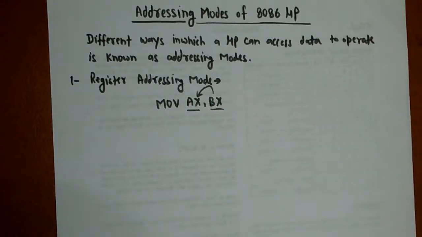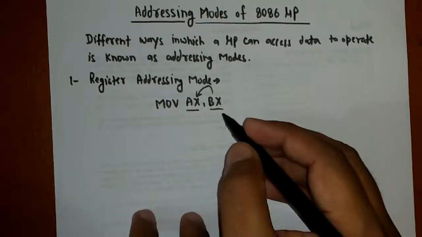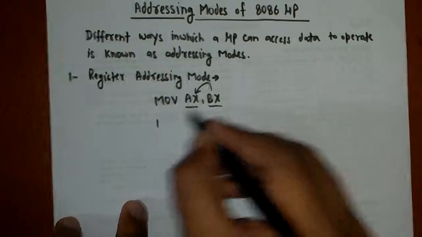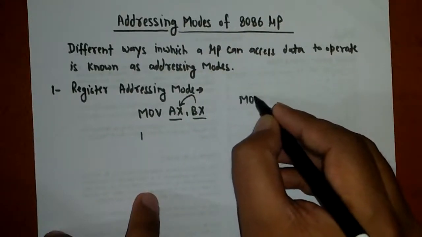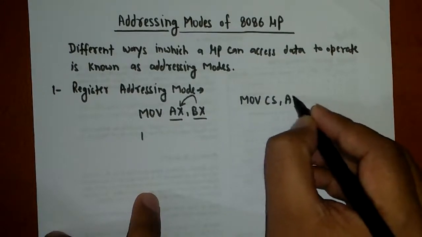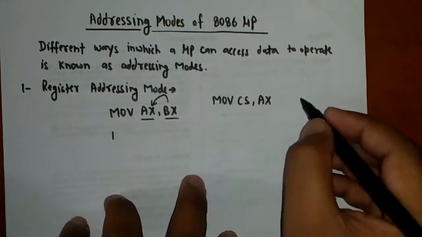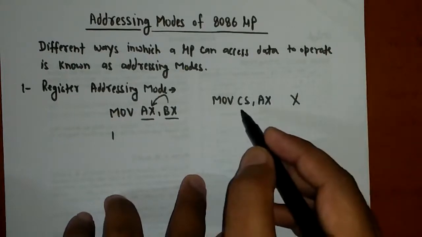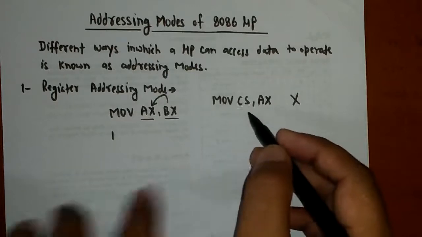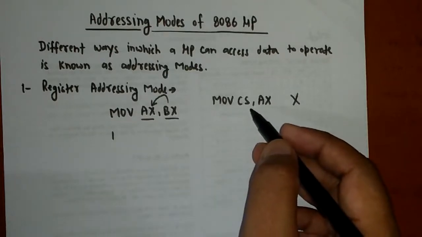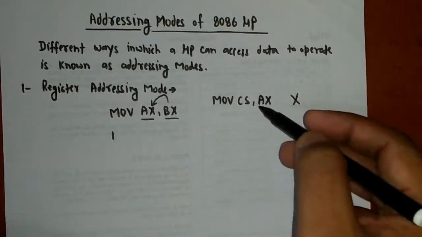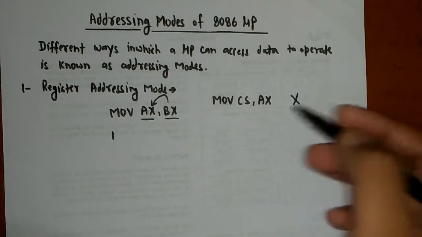In register addressing mode, one thing we should know is that we cannot alter the content of the code segment register. For example, one may think that the instruction MOV CS comma AX is correct, but this is a wrong instruction, because if we alter the content of the code segment register, then we are changing the address, and in 8086 microprocessor the address depends on the code segment as well as the content of the offset register.